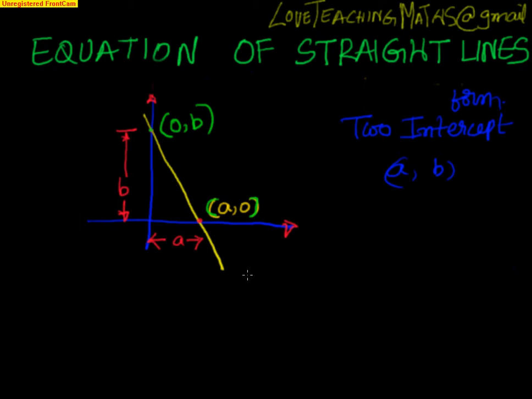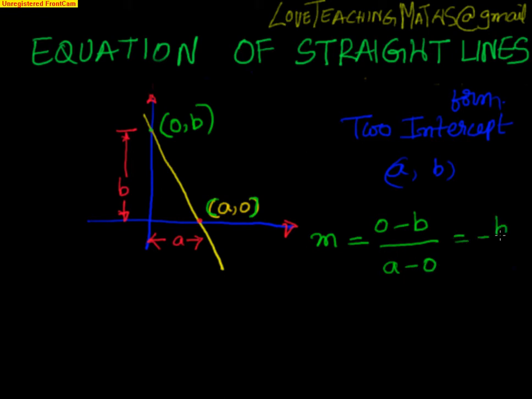Once I find out the slope, what can I do? I can apply my slope-intercept formula, whatever I have done earlier. So let's see how this is going to be interesting. Now what is slope? Slope m is equal to y2 minus y1, that's 0 minus b, by x2 minus x1, that is a minus 0.